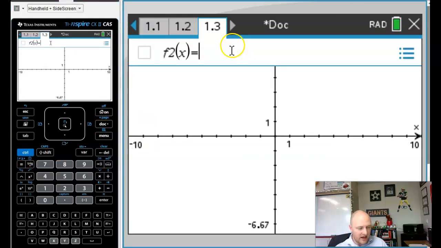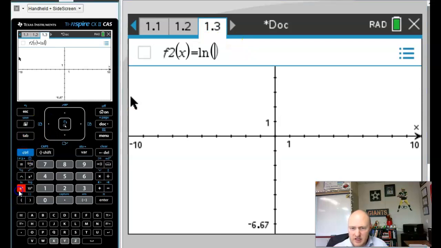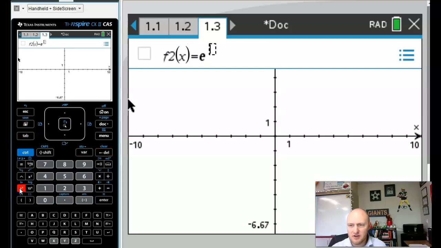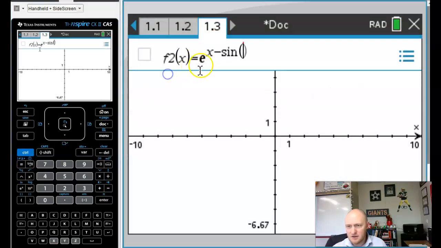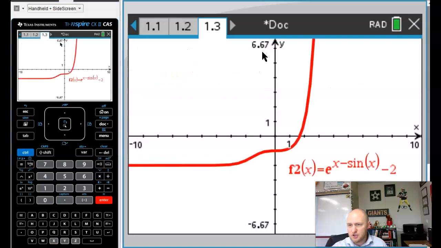And then we went ahead and we just plotted that function. So Control E. Make sure if you were having issues graphing this, that you use the function e and not the letter e. If you use the letter e down here, you're going to get an error. So this was x minus sine of x, and then we had a -2. We shifted it down 2, and here is our graph.